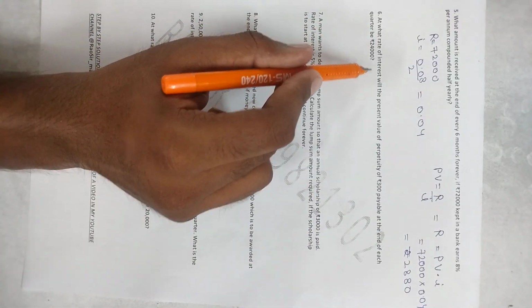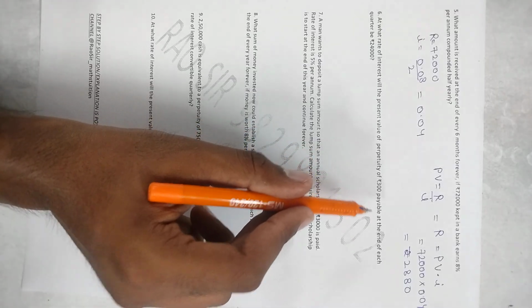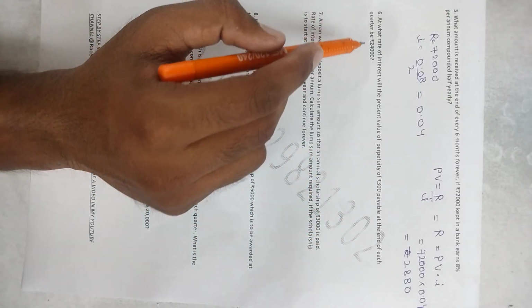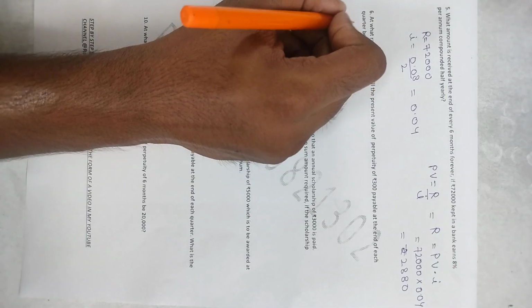At what rate of interest will the present value of a perpetuity of rupees 300 payable at the end of each quarter be 24,000? Here P is 24,000, R is 300.